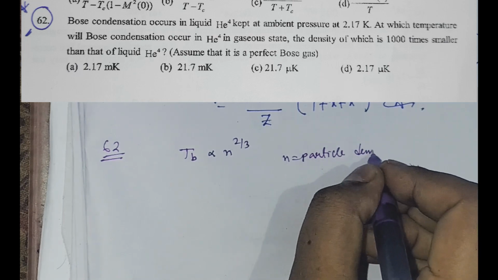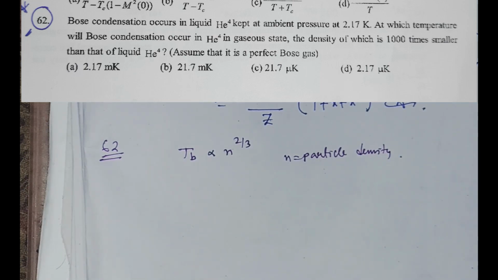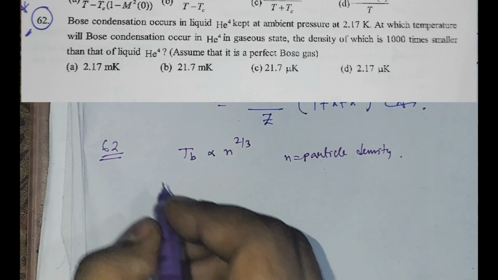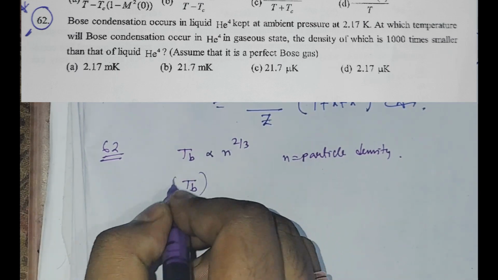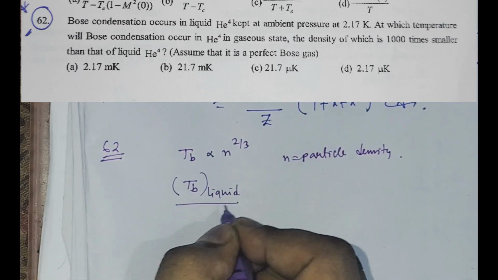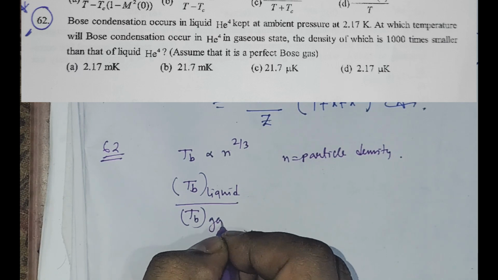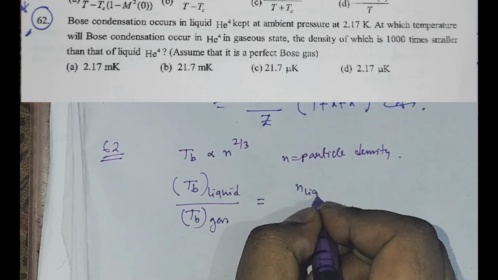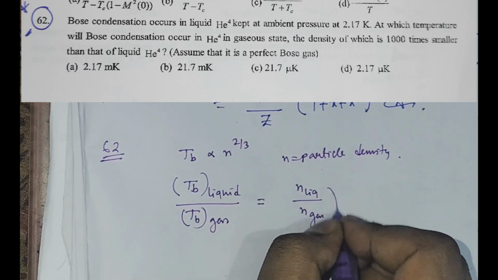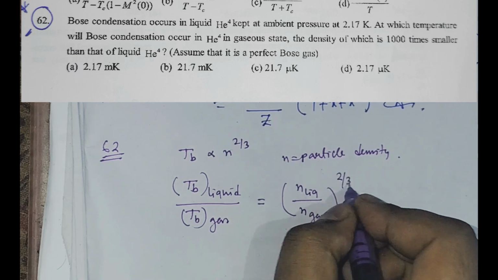I will suggest that you try to keep all the teeny formulas from Bose-Einstein condensation, I mean the quantum statistics, in your mind always, because the questions are very small and teeny, but if you don't know the formula, then this question will be destructive for you. From here you can write TB liquid by TB gas equal to n liquid by n gas to the power 2 by 3.